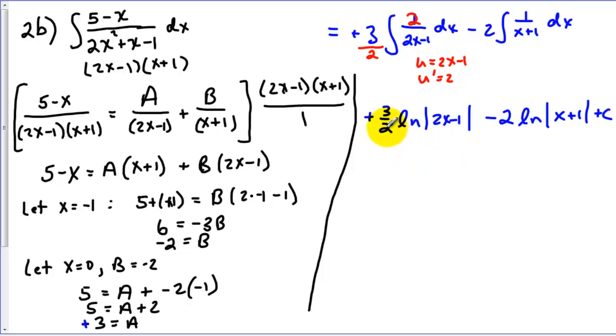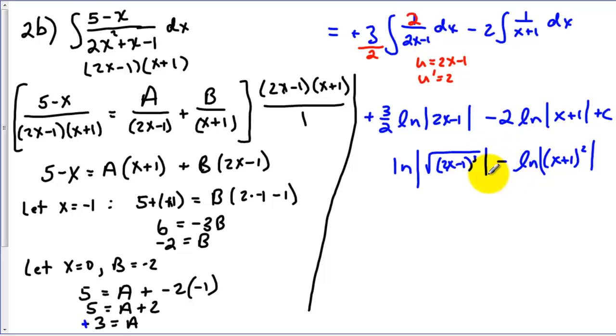And again, if I condense, now this would be, let's do it in 2 steps. If I bring this in, it's going to become the exponent here. And 3/2 is the same as the square root of 2x minus 1 cubed. And this is going to be the ln of x plus 1 squared.